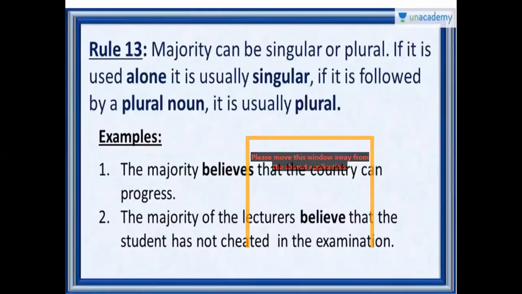Next. Majority, followed by a plural noun, or added with a plural noun.